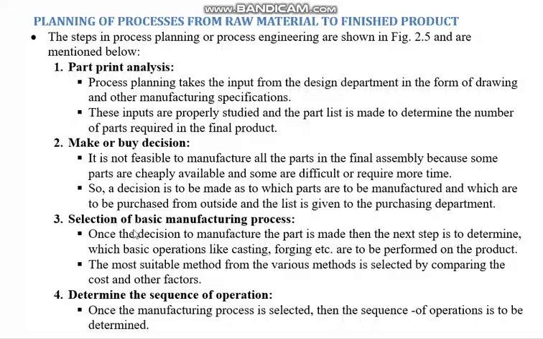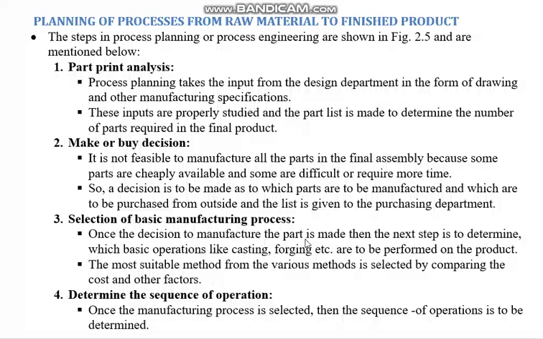The third step is selection of basic manufacturing process. Once we have decided, bought means it ends here. But if you have to make, then we go to the third step: what is the basic manufacturing process. Once the decision to manufacture the part is made, the next step is to determine which basic operations like casting, forging, etc. are to be performed on the product.